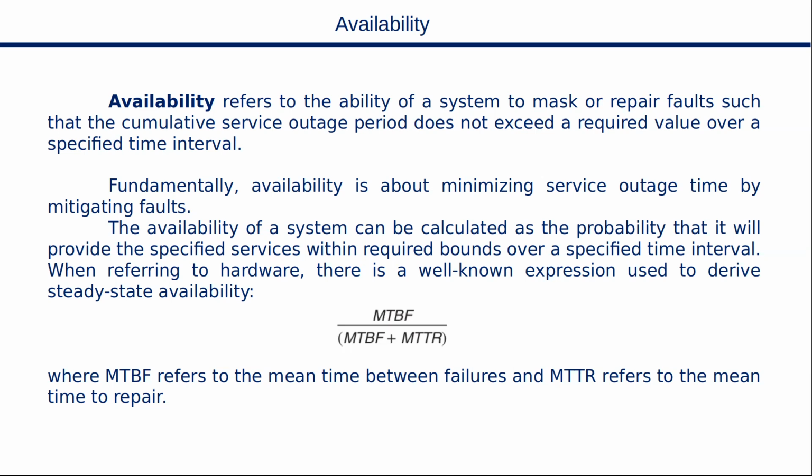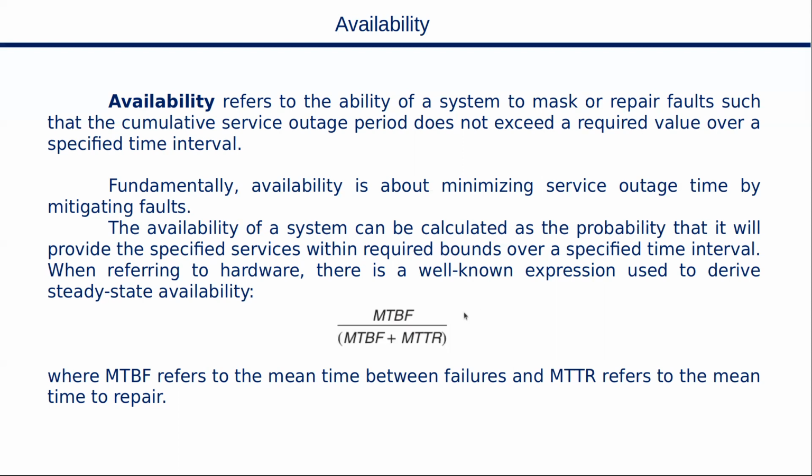The MTBF variable refers to the mean time between failures, and MTTR refers to the mean time to repair. In most cases, you can imagine that here you will have values like 0.99999, something like this.